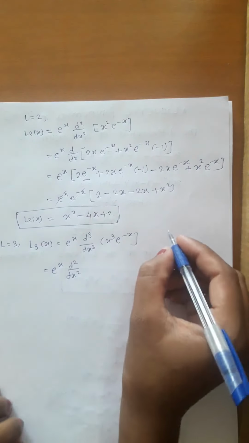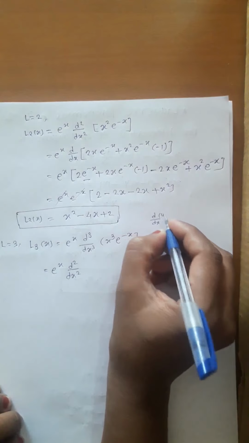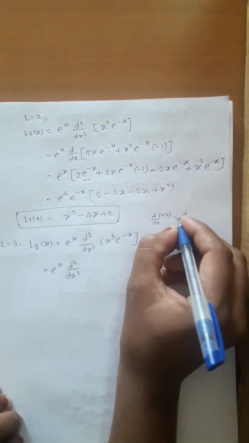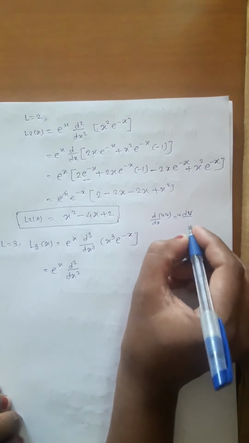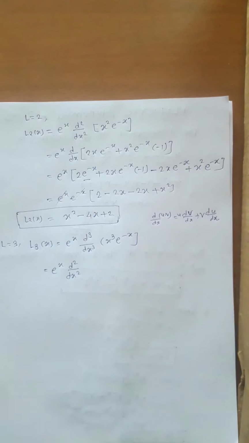Here we have to apply d by dx of u into v is equal to u into dv by dx plus v into du by dx.